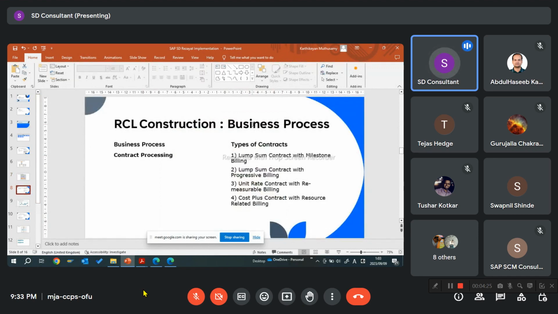From the SD perspective, we can categorize this under contract processing. Even though there are a lot of processes in the sales order, we will capture them under contract processing. Within the contract, billing is categorized in 4 different ways: lump sum contract with milestone billing, lump sum contract with progressive billing, unit rate contract with remeasurable billing, and cost plus contract with resource-related billing.